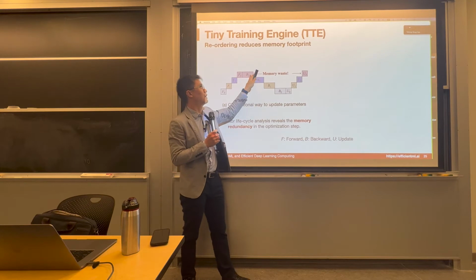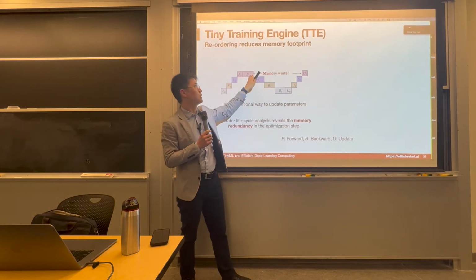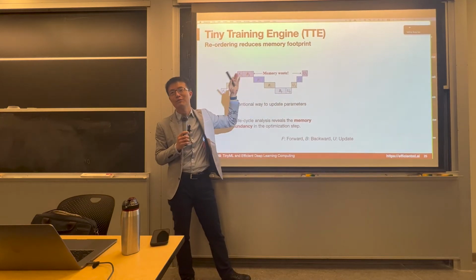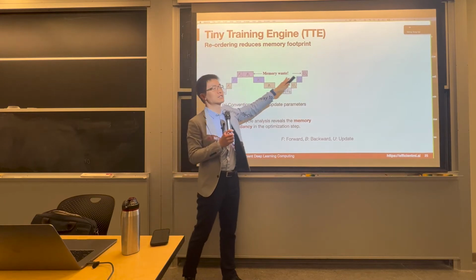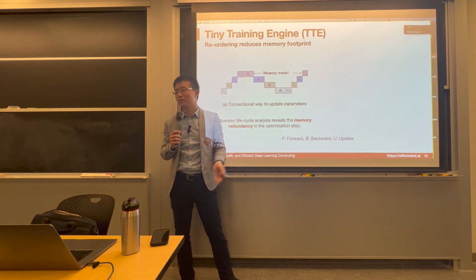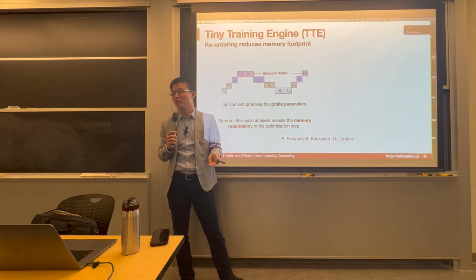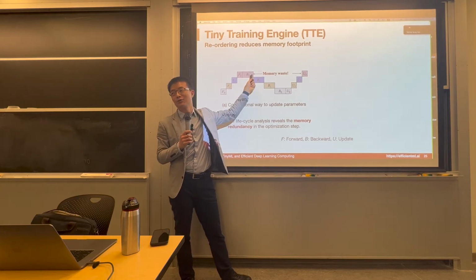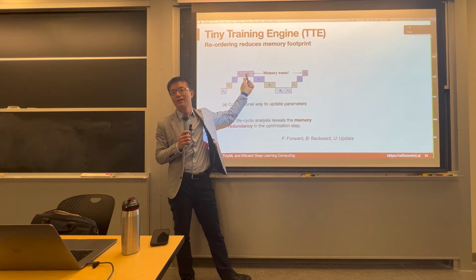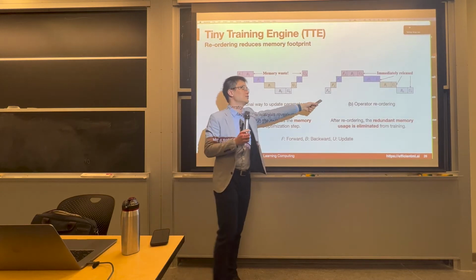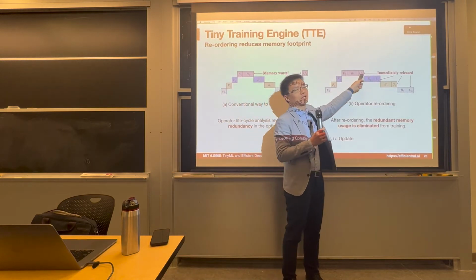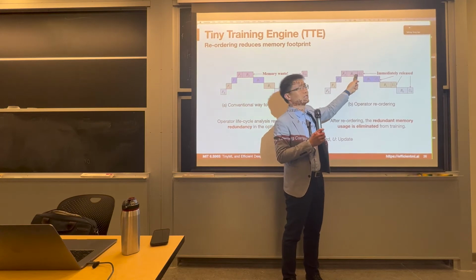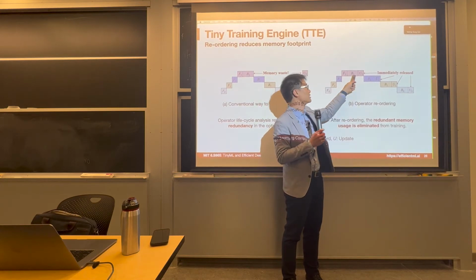So we spend a lot of time. This gradient tensor has to be stored in the memory before it is consumed, right? What about we just immediately consume this tensor as soon as the gradient is calculated, which is the second part, right? So we can immediately do the update as soon as the backward for that layer is done.